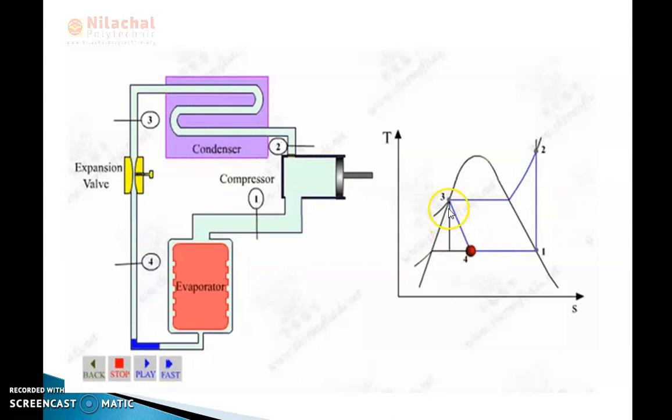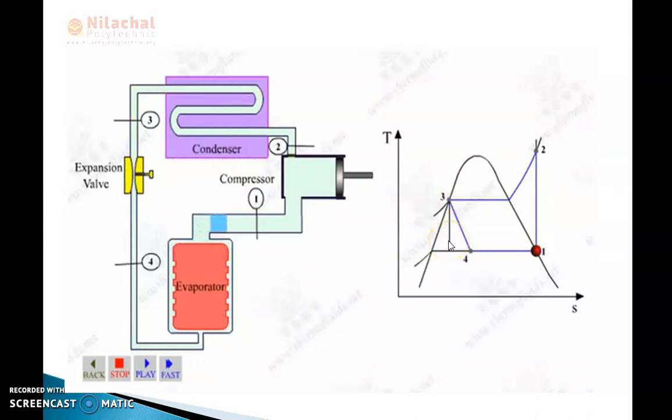Another point: if you observe, this is the black color line. Why have I given it a black color line? Instead of an expansion valve, if you are using an expansion cylinder device, the process name is isoentropic expansion process, which means entropy is constant.